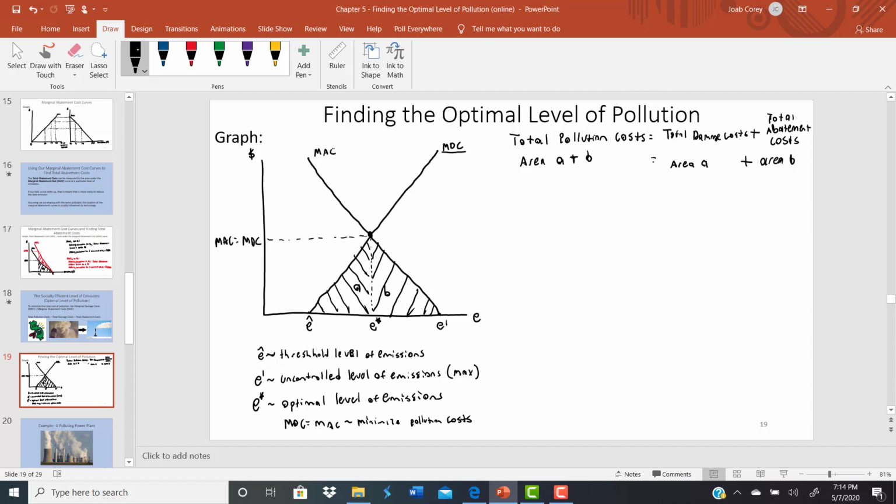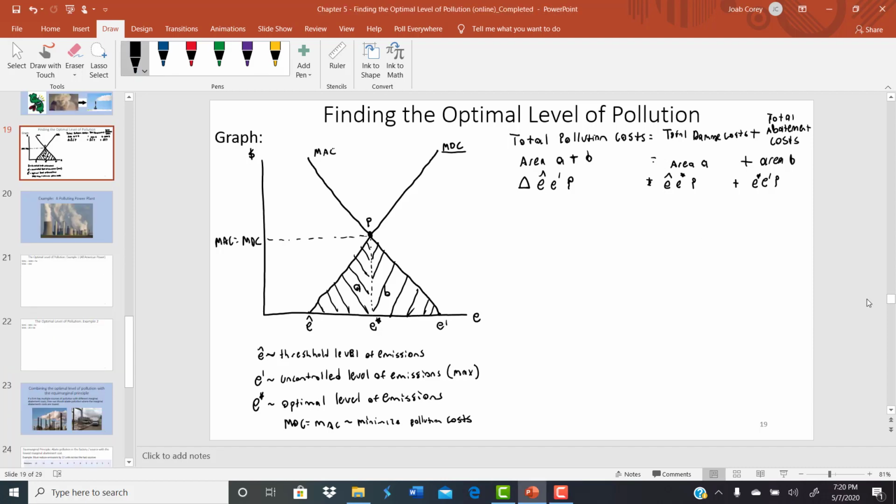Right, or the area of this entire triangle here, right? So again, if we were to call this point just P, just to label it something, then if you're wondering how to break up these triangles, our total damage cost is the triangle bounded by E hat, E star, and P. Our total abatement cost is the area bounded by E star, E prime, and P. And then our total area here that we're looking at for this triangle is the triangle bounded by E hat, E prime, and P. Right, so again, that's the triangle that we'd be looking for if we're measuring that one there.